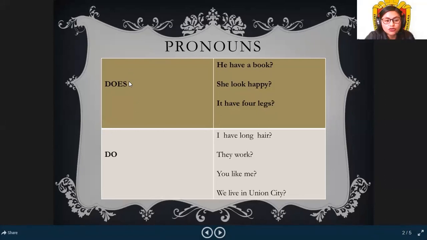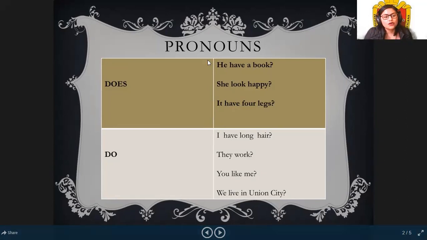Entonces, tenemos aquí un grupo de pronombres personales que trabajan con el auxiliar does, que son la tercera persona, ¿no? ¿Cómo sería mi pregunta? Does he have a book? Does she look happy? Does it have four legs? Son preguntas ¿con qué? Con el auxiliar does. ¿Por qué? Por el uso de mis diferentes pronombres personales que están en tercera persona.